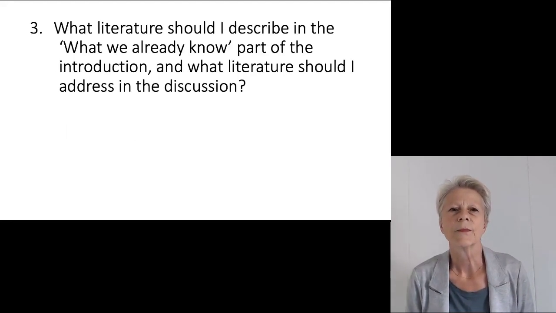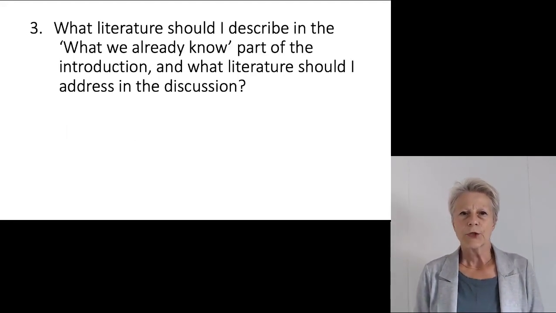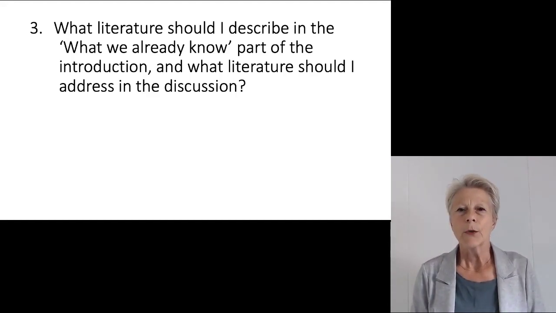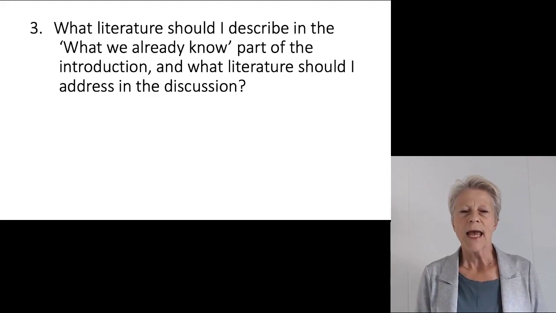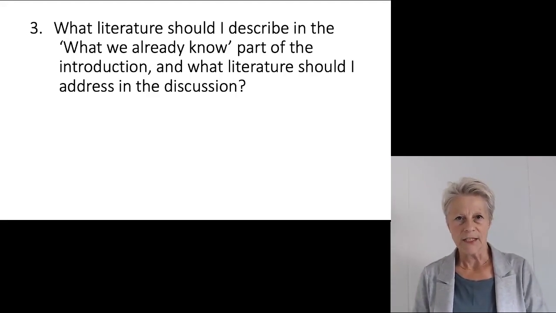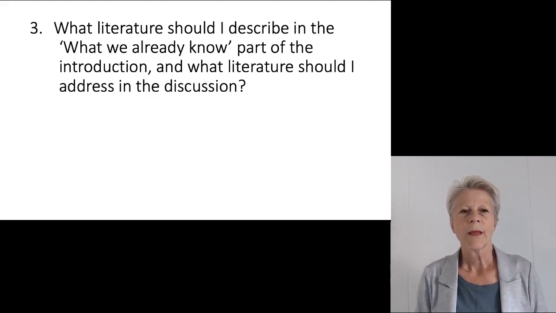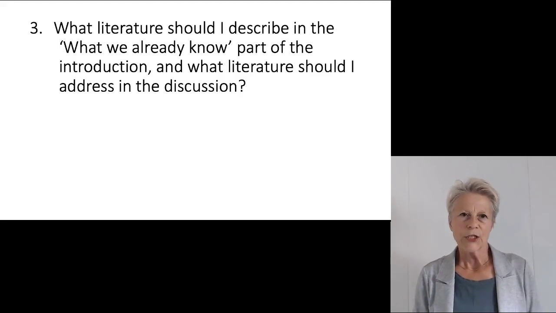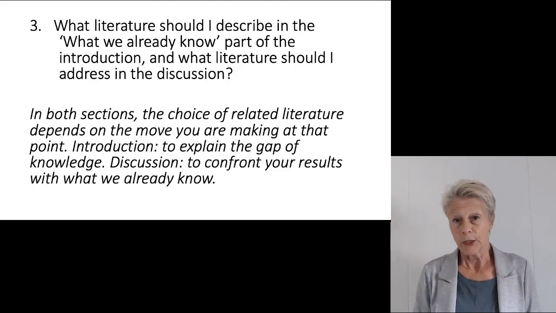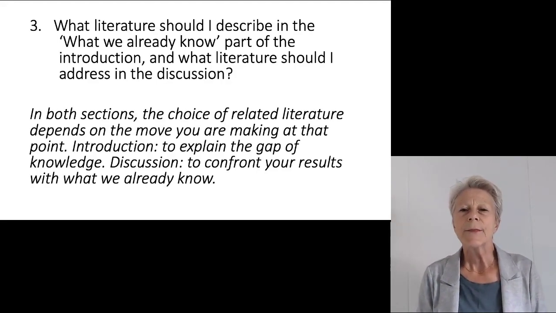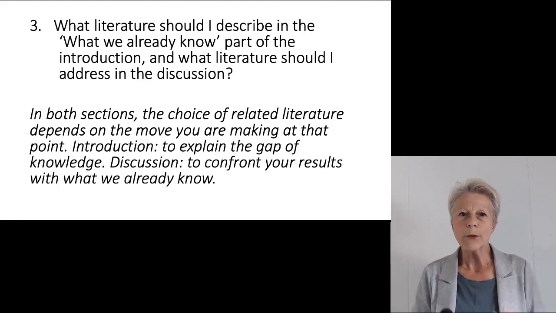Last question. What literature should I describe in the already know part of the introduction, and what should I address in the discussion? Now, in both sections, the choice of current knowledge or related literature depends totally on the move you are making at that point.